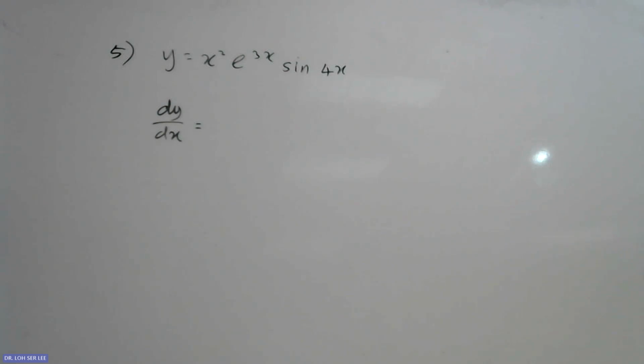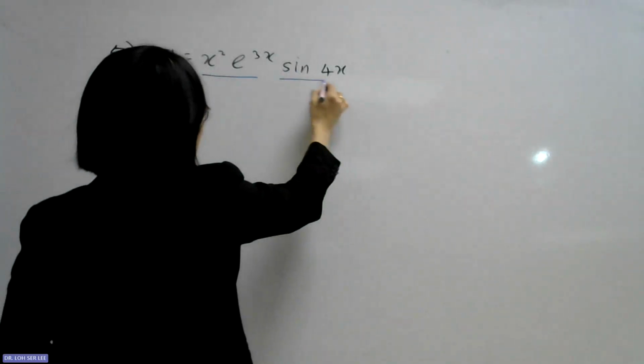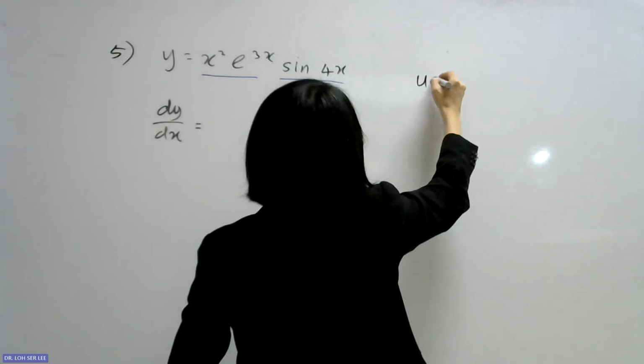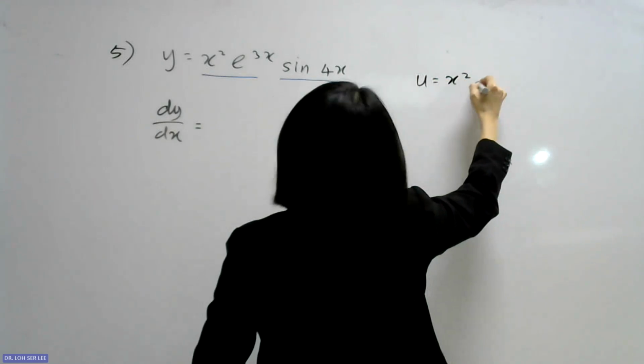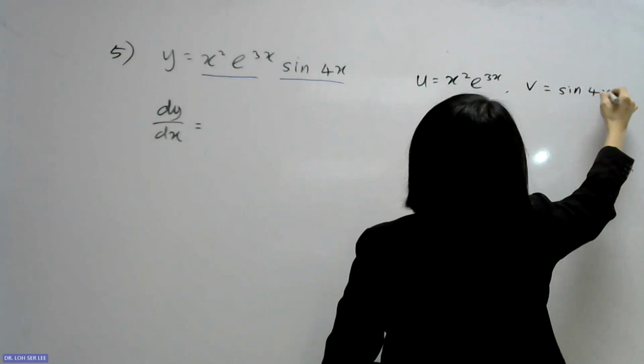We have to use the product rule twice. u v. Your u is x squared e^(3x), and v is sine 4x.